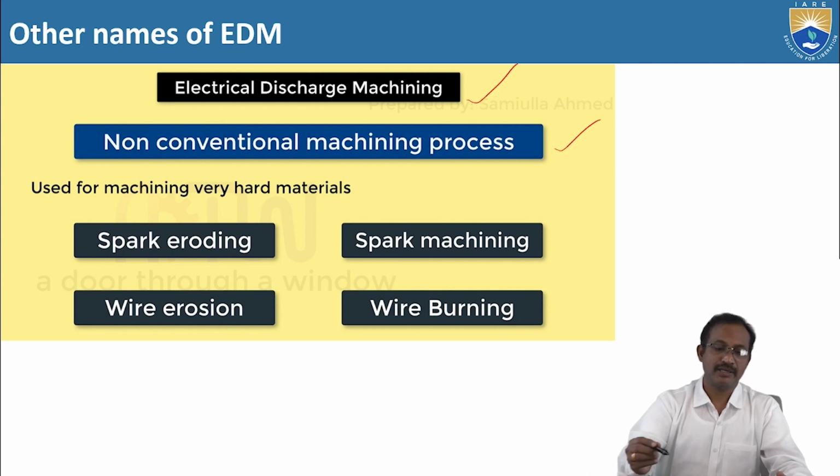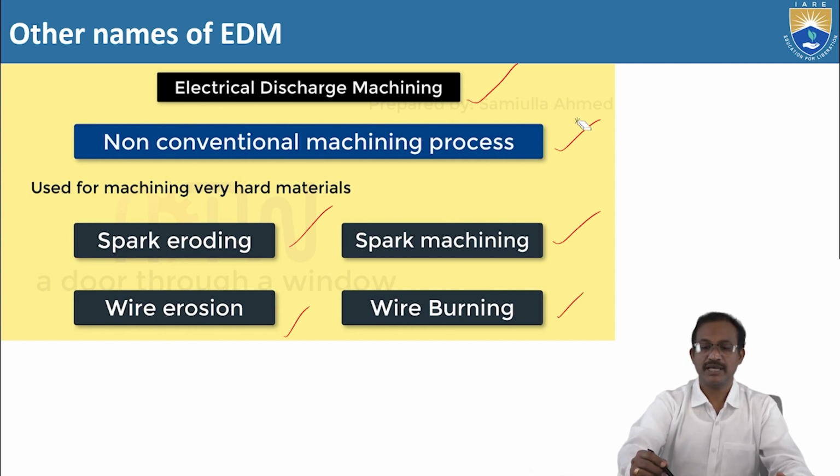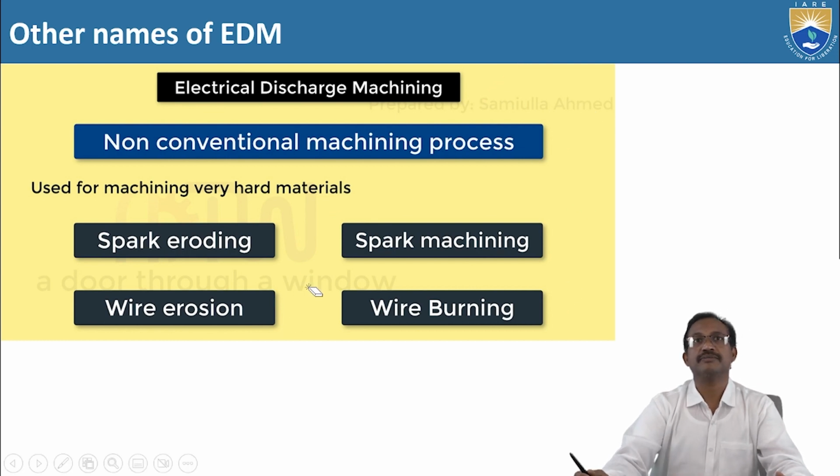The other names are also spark eroding, spark machining, wire erosion, and wire burning. These are the other names of electro discharge machining.